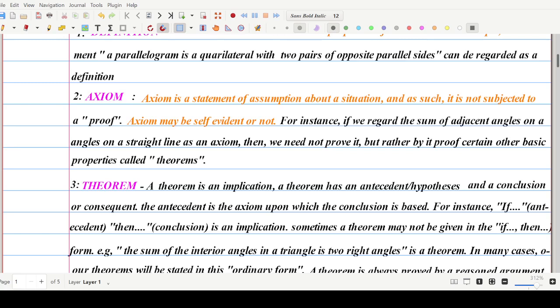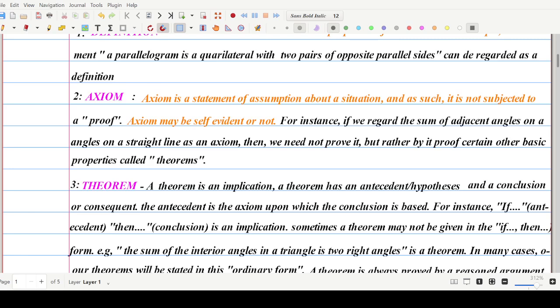So the antecedent, or hypothesis, is the axiom upon which the conclusion is based. For instance, if, that is, any expression can be there. The if part there is called the antecedent. Let's say, if he comes today, that if he comes today is the antecedent.